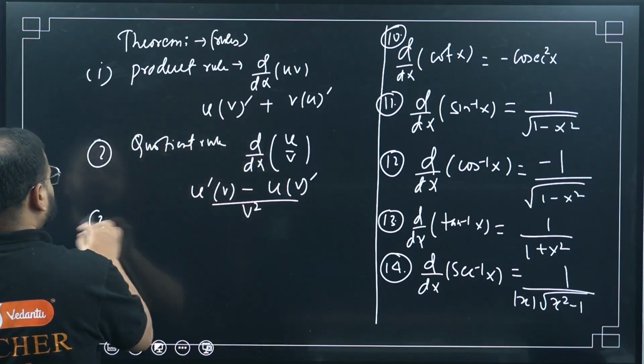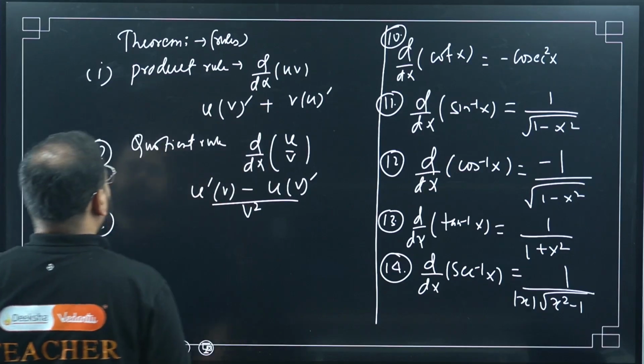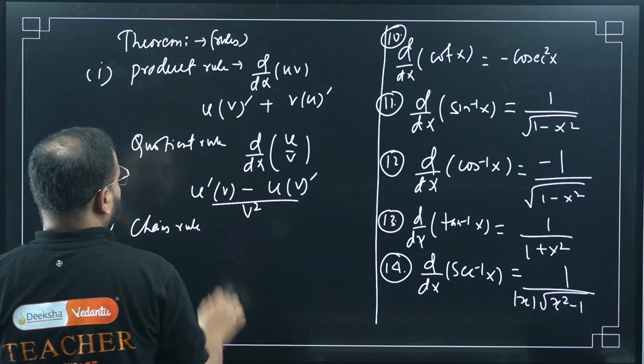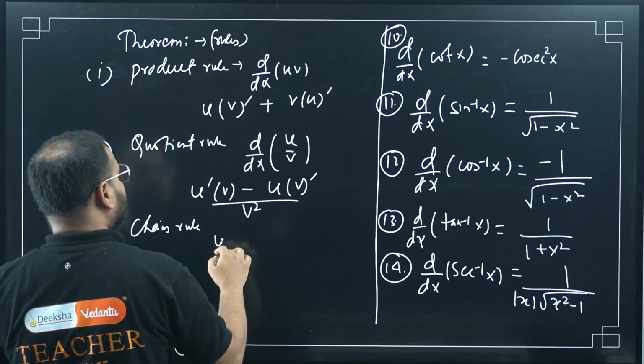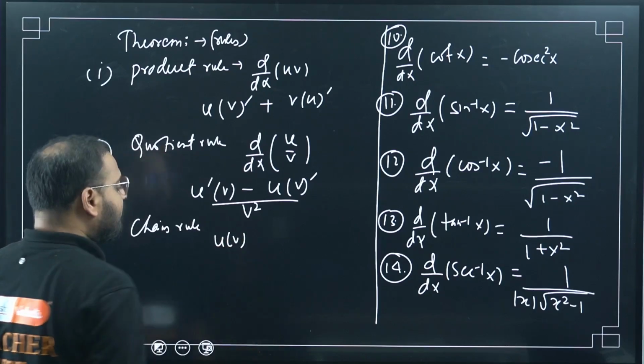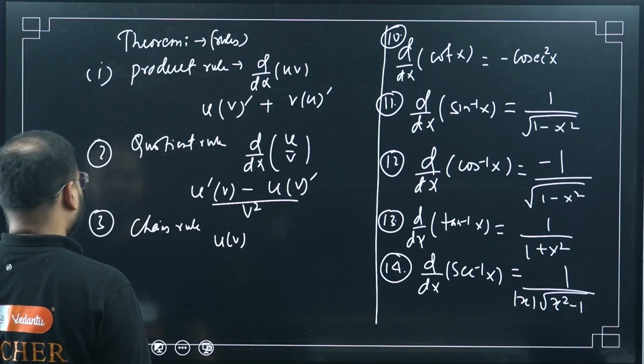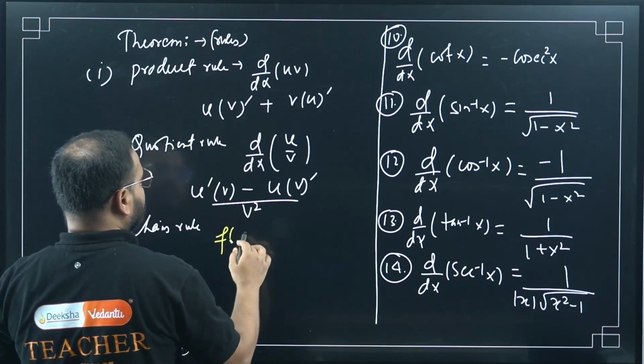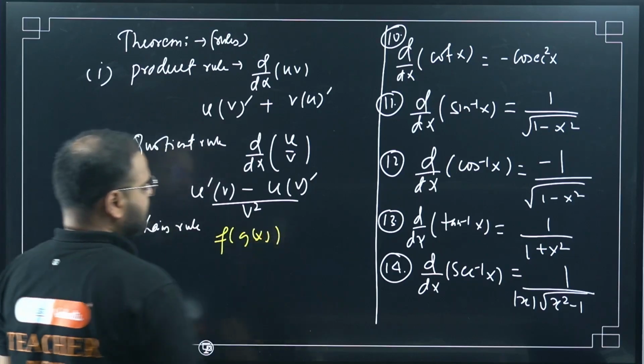Third one. Chain rule, again very important. So what happens is, if there is a function, let me write it like this: f of g x, then what we're going to do?